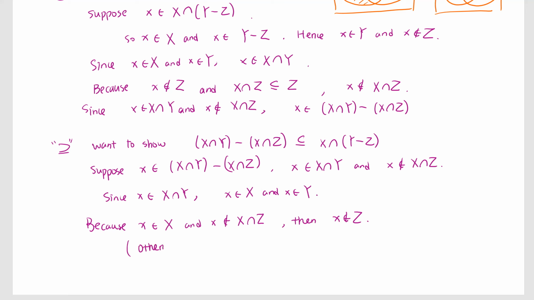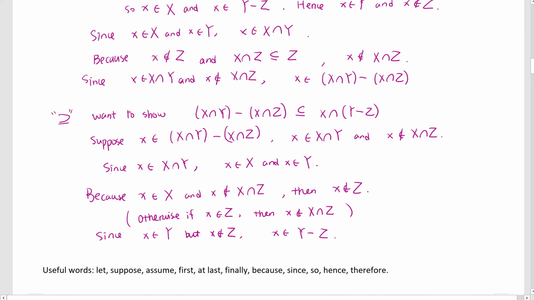Because otherwise, if x is in Z, but x is already in X, then we would get x is in X ∩ Z. But this is not the case. Therefore, x cannot be in Z. Now we have almost done. Since x is in Y but x is not in Z, x is in Y − Z. This is by the definition of set minus.